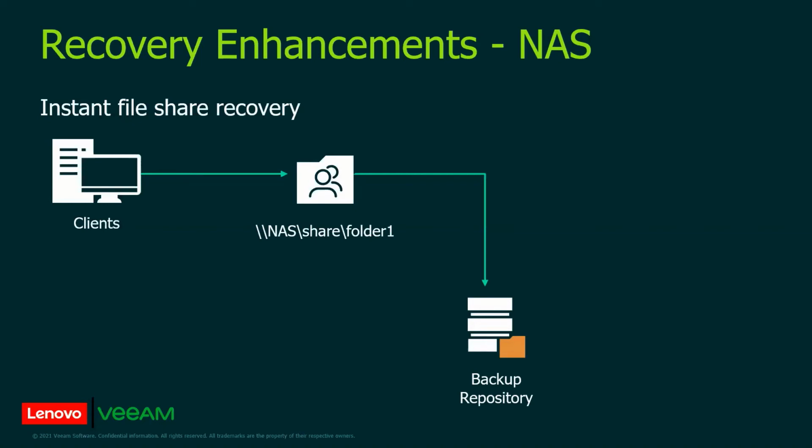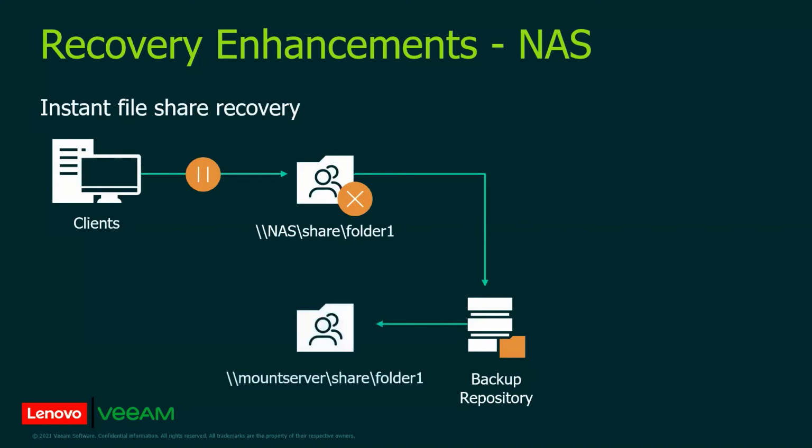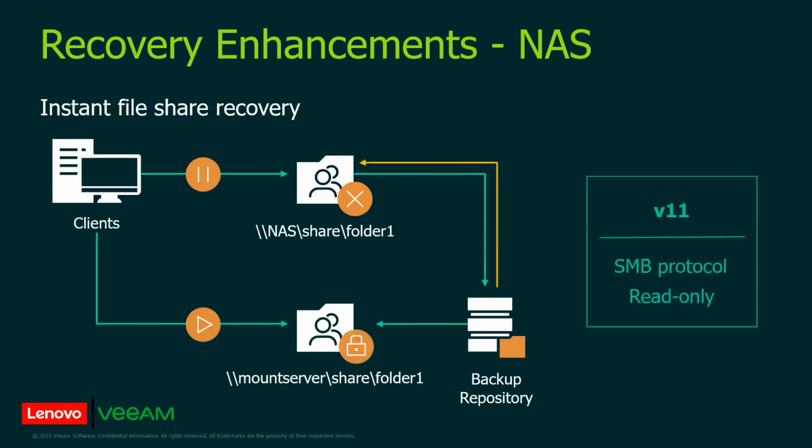And with V11, we've also created this capability around, if your NAS goes down, it's offline, or if it's infected for whatever reason and needs to be taken down, we're actually able to publish again from the backup a mount that users can get to to present all of their NAS data. In this case, it is SMB only and it is read only.